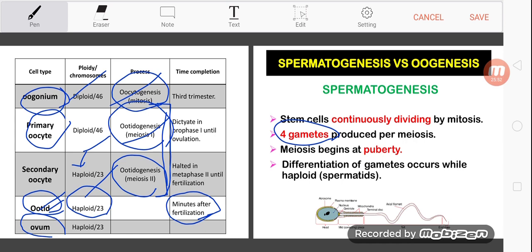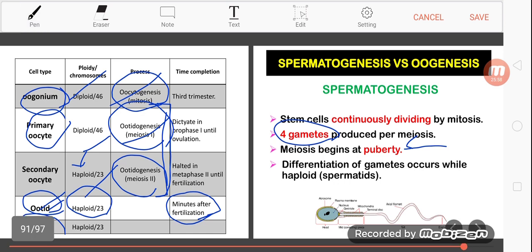Meiotic division begins at puberty. Differentiation of the gametes occurs while haploid, differentiation from round to elongated sperm. They finish the meiotic division too.